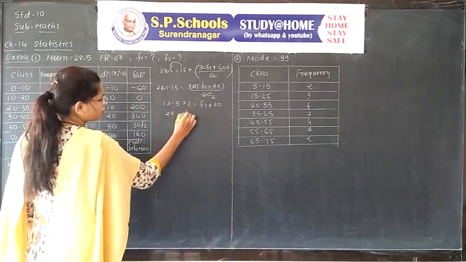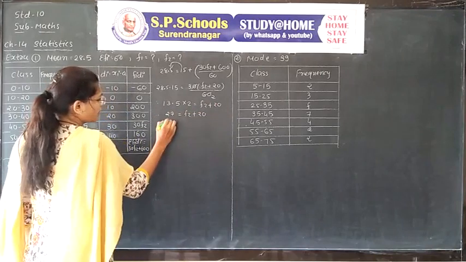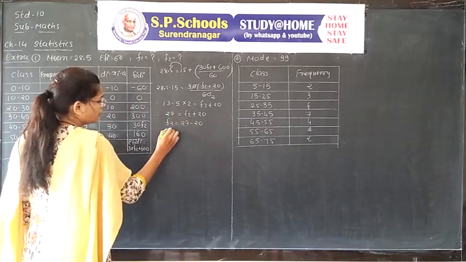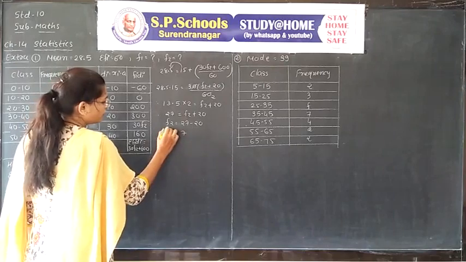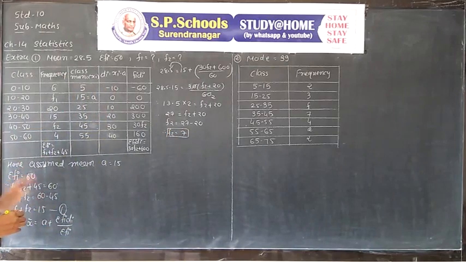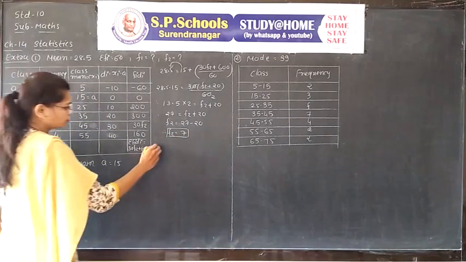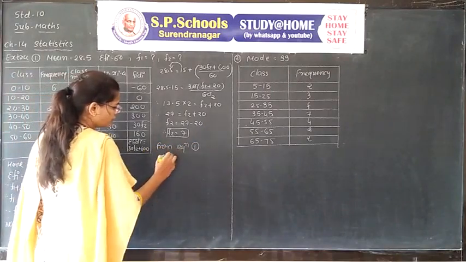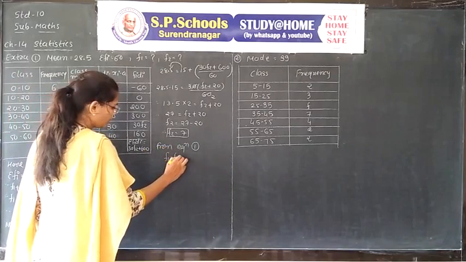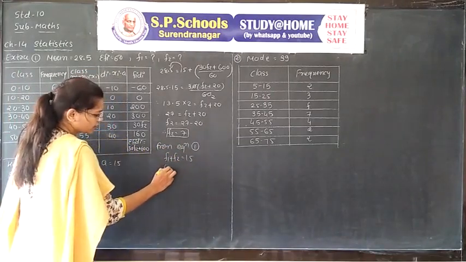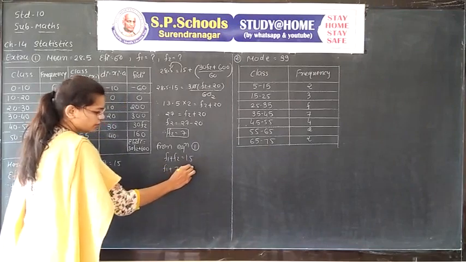27 is equal to F2 plus 20. By making F2 the subject, we get 27 minus 20. That's why F2 is equal to 7. One missing frequency, F2 is 7 here. Now to obtain the other missing frequency, we use equation number 1. From equation 1, F1 plus F2 is equal to 15, where F1 as it is, F2 is 7, is equal to 15.